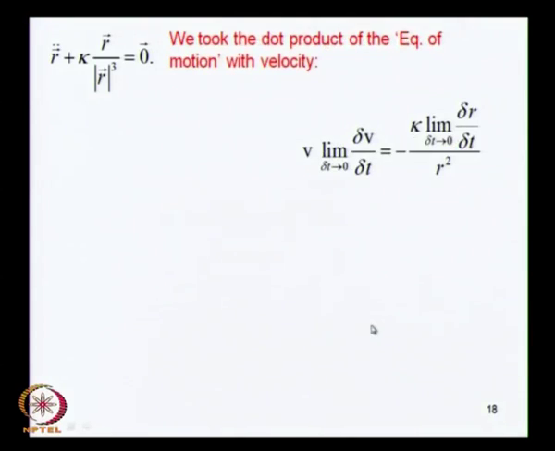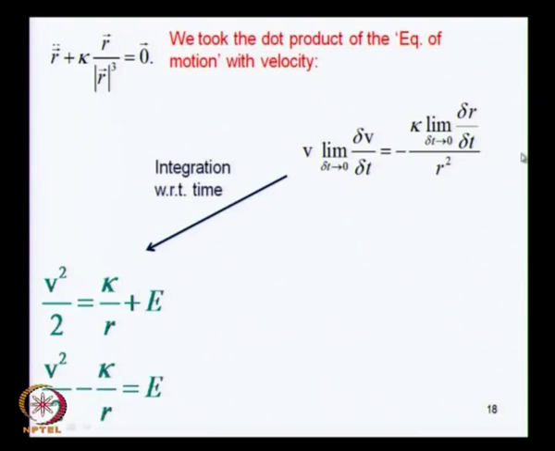Having gotten this, if you now integrate this equation with respect to time, you easily get that the integral of the left hand side is v square over 2 and the integral of the right hand side is kappa over r. It is a straightforward one step integration, and of course there will be a constant of integration.